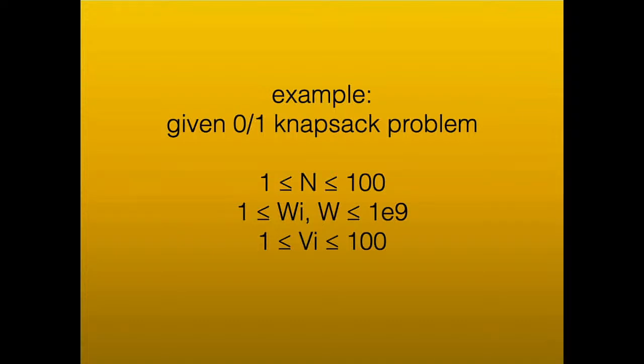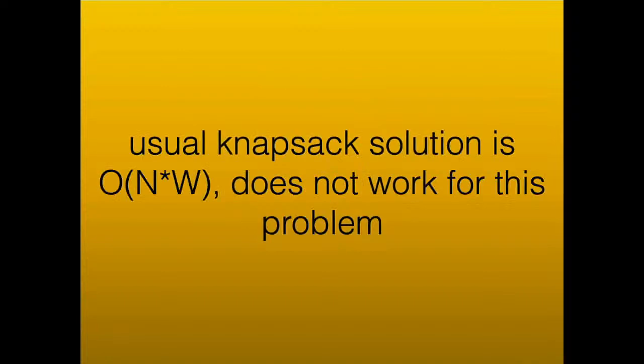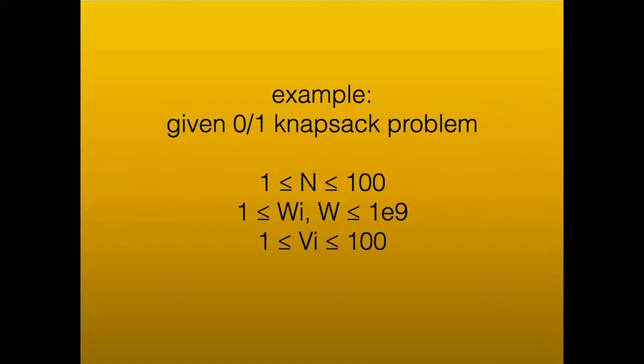Usually in a knapsack solution, you do dynamic programming where the state uses the weights, like how much value you can take if your bag capacity is W. But this does not work because the value of W in this case can be large, while the value is small.